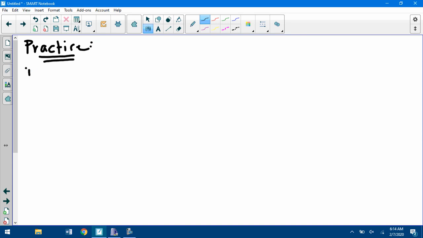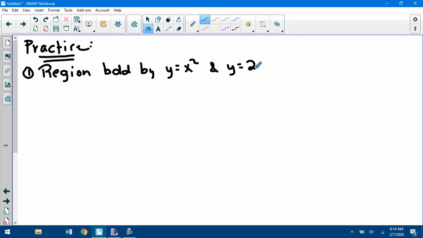Okay, number 1. Region bounded by y equals x squared and y equals 2x is revolved about the y-axis.